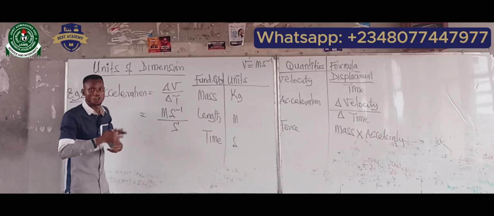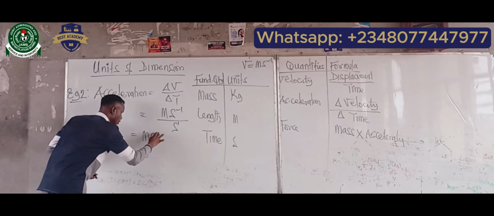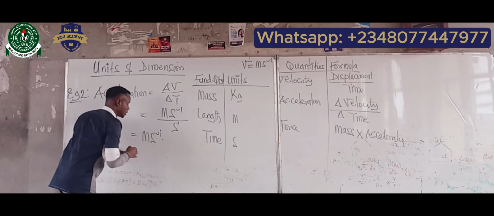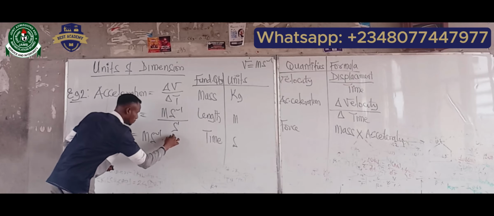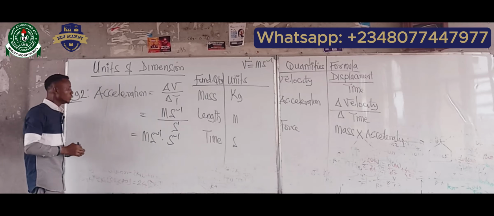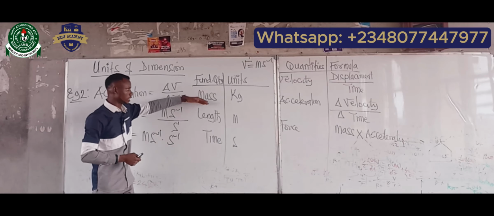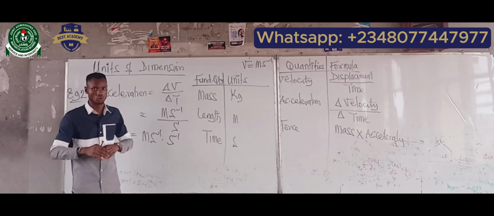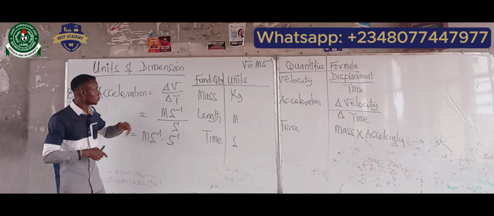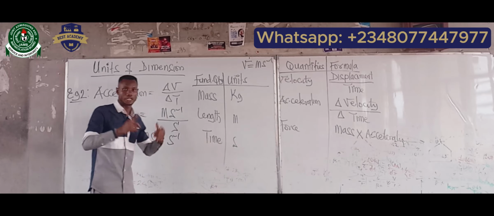So this will be equal to meter per second times, taking this from denominator to numerator, second to the power minus 1. Now this is s, this is s. Remember, in terms of units, it will be 1 kg, 1 meter, 1 second. Before you get the last answer, you must have 1 kg, 1 meter, and 1 second before you get your final answer.